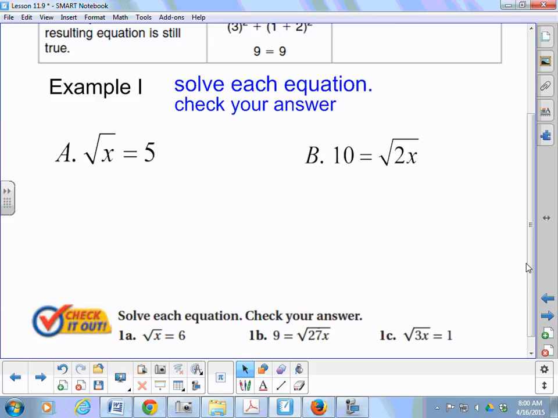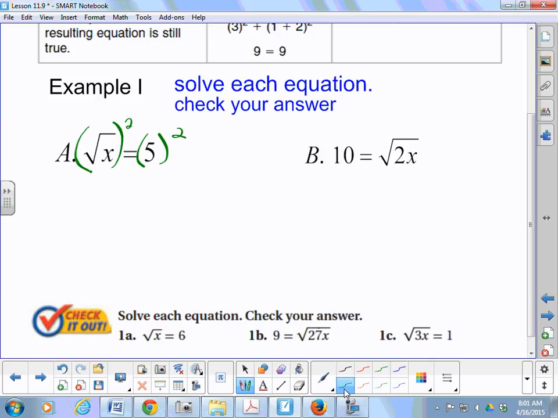The magical question. How do we get rid of a square root sign? Well, to get rid of a square root sign, you square that side and the other side. Raise them to the second power.